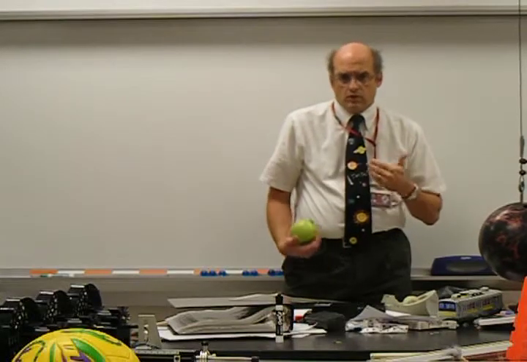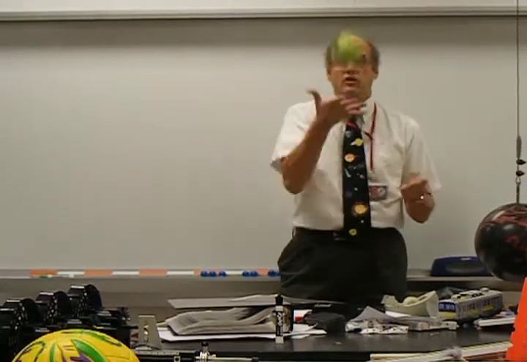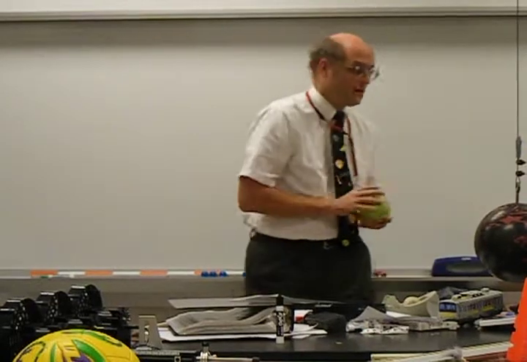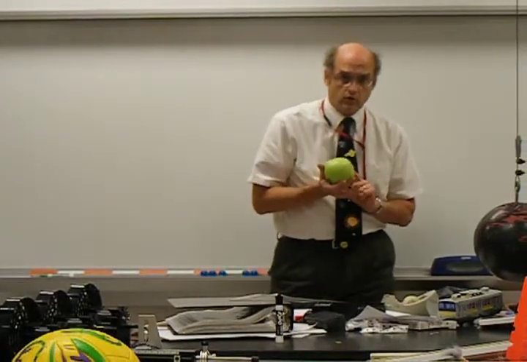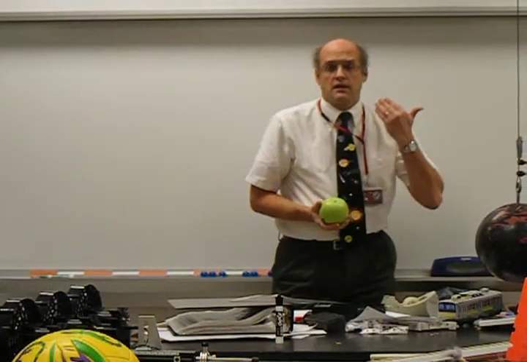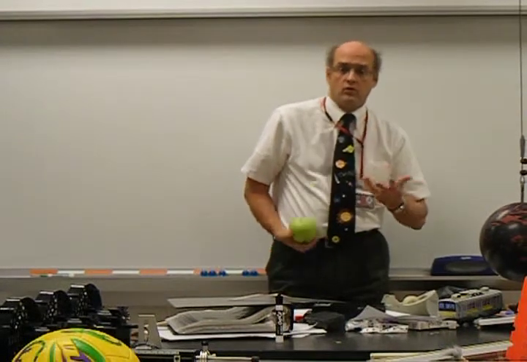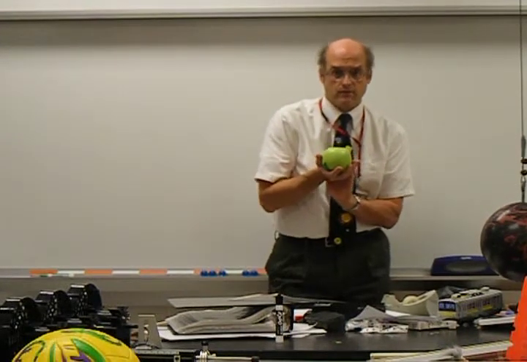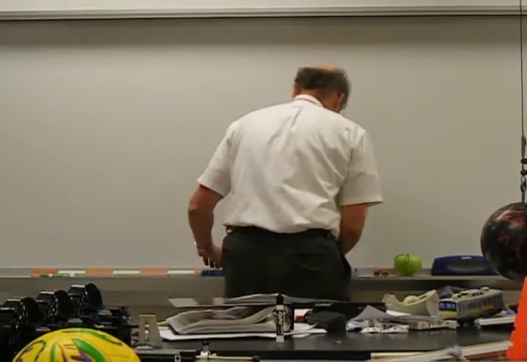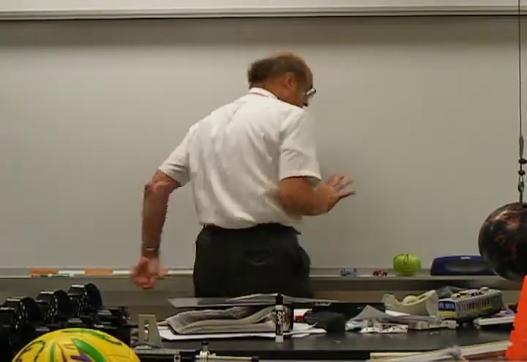Okay, suppose we wanted to construct the motion graphs for a ball that's tossed into the air, like this. Now the story begins when the ball leaves my hand, and the story ends before it hits the ground or I catch it. So what I'm going to do here is first draw a diagram.